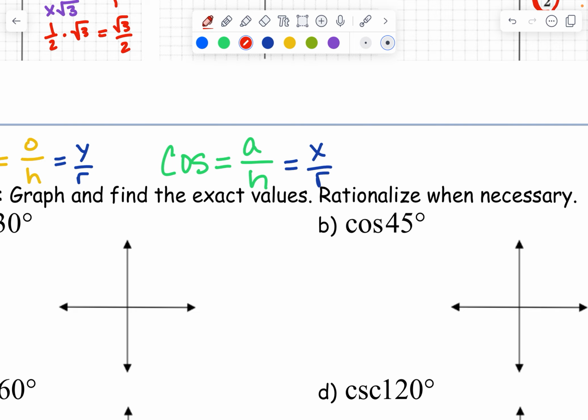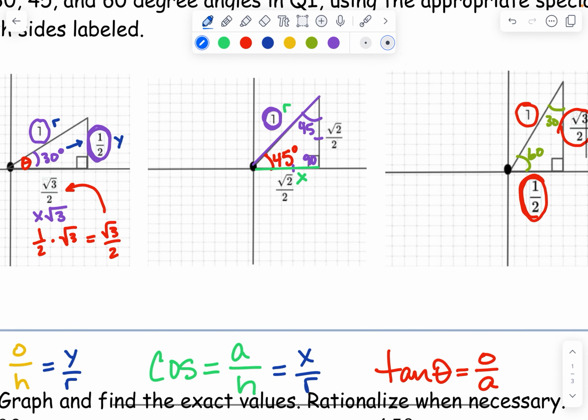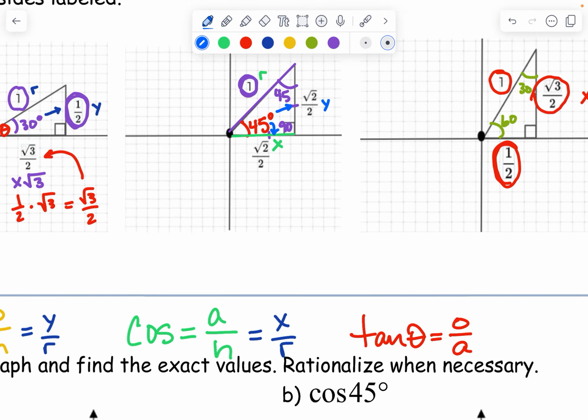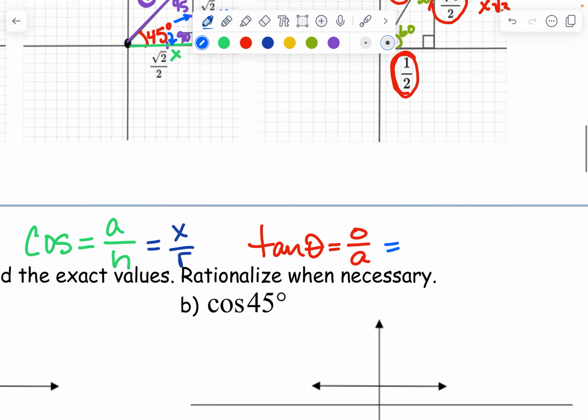And then lastly, when we have tangent of theta, that is opposite over adjacent. And if we go look up here, opposite is our y, adjacent is our x. So if it's opposite over adjacent, we could say that it's y over x.